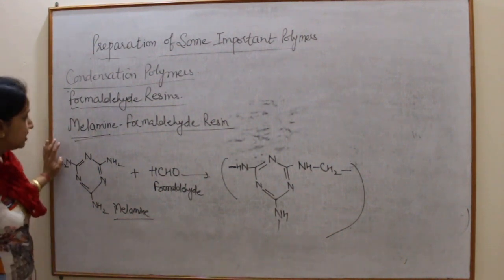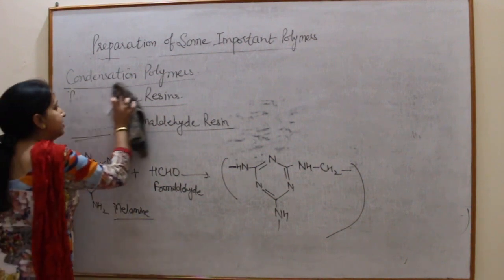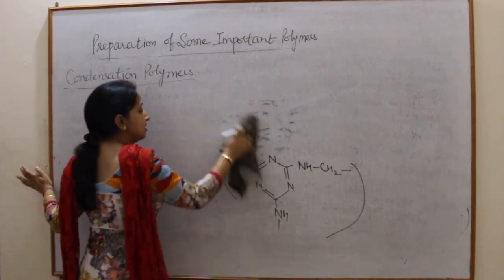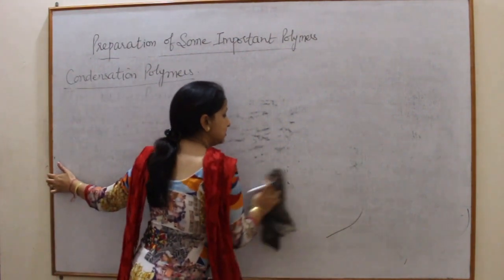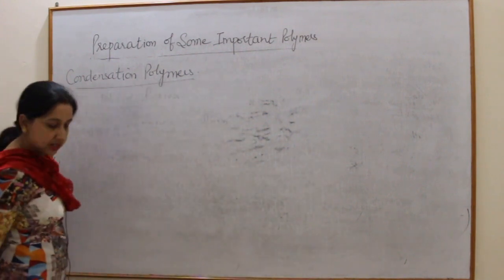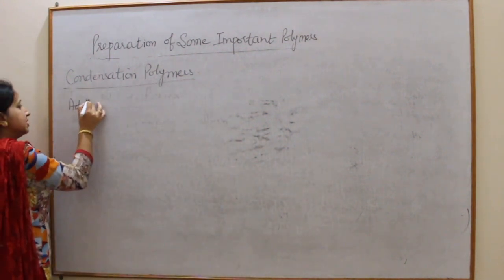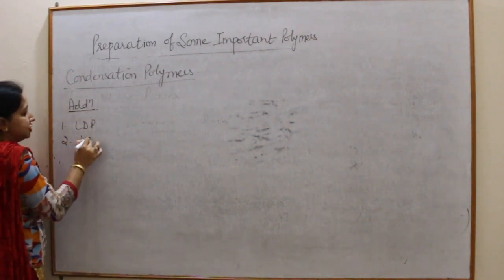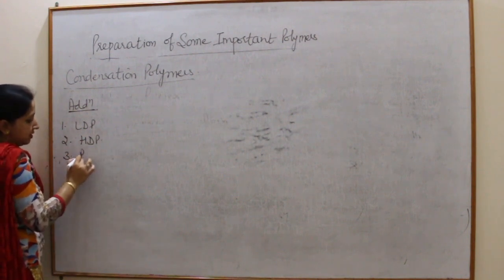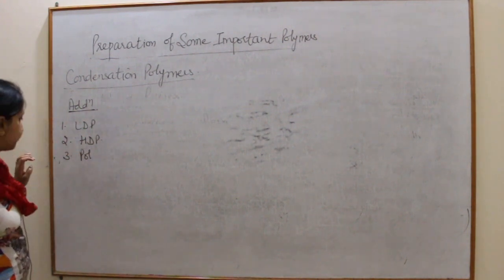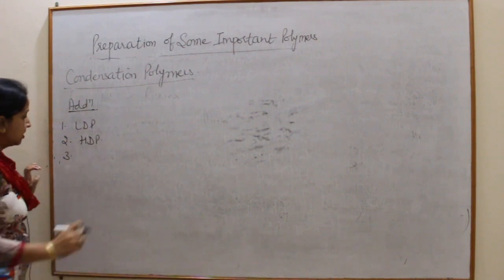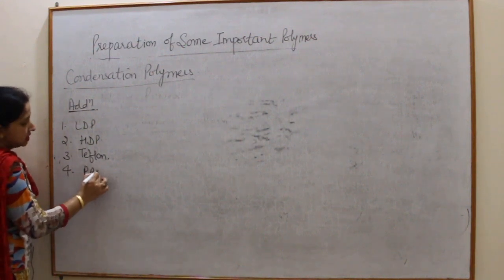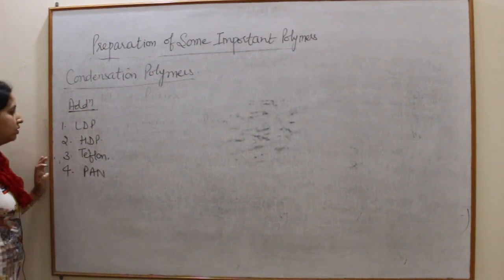So what we have discussed today: first we discussed the preparation of some addition polymers. Which addition polymers did we discuss? Under addition we discussed LDP, HDP, Teflon, which we did yesterday. And next we discussed PAN, that is polyacrylonitrile.